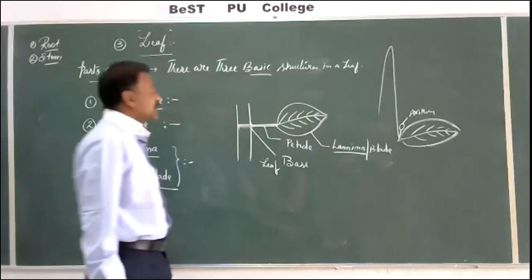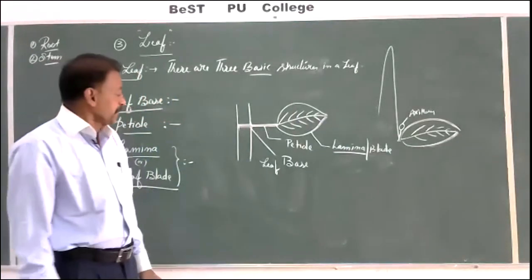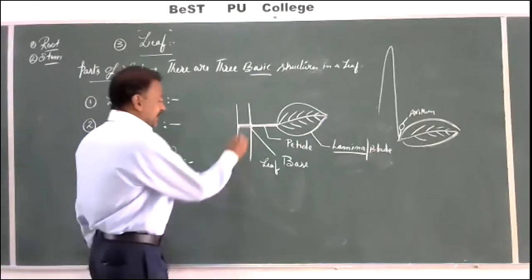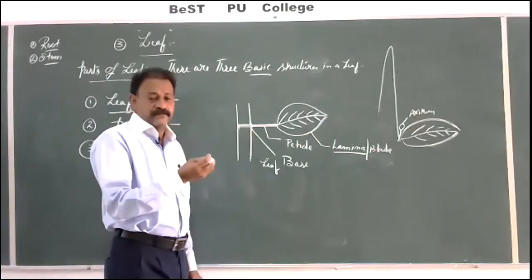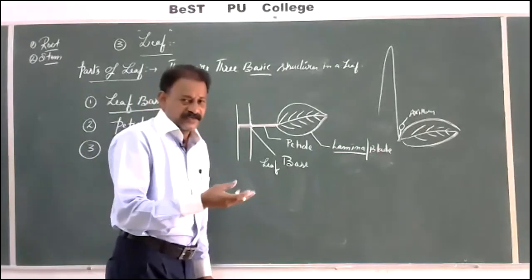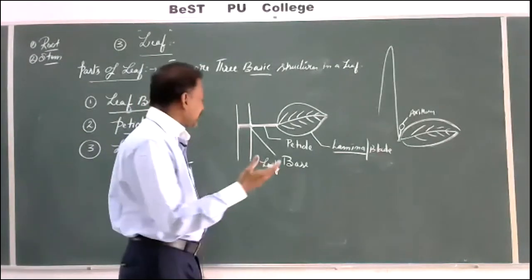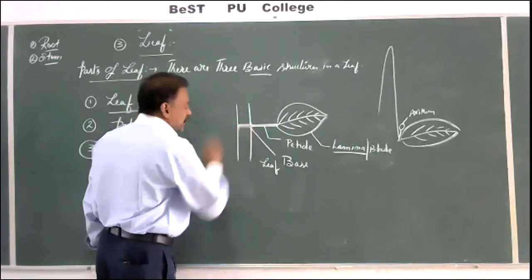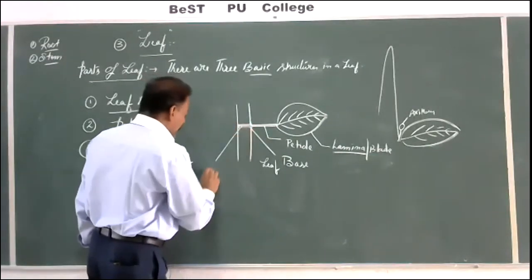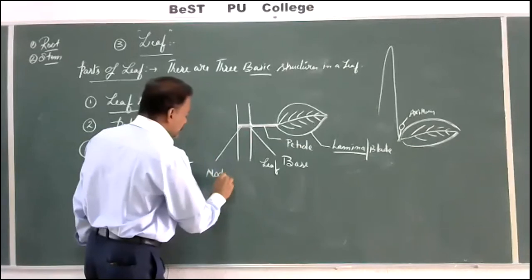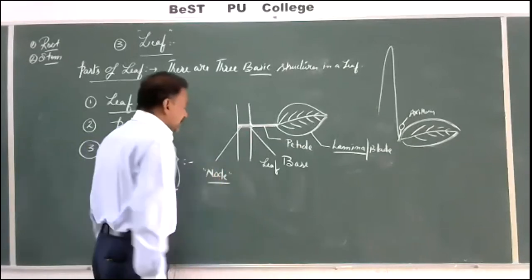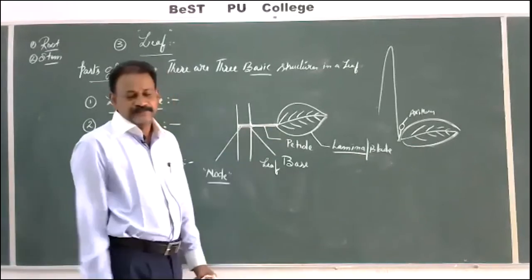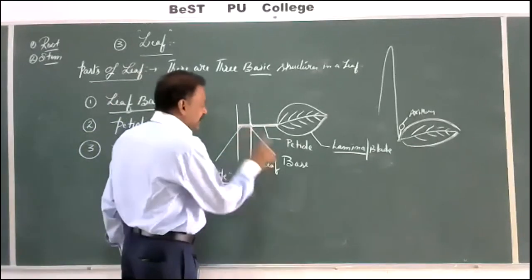Already you might have studied all these things from your childhood, from 6th standard to 10th standard. Leaf base, some more intrinsic factors, internal structures we are going to see. Internal means deep structures. What is this? This is a node, a region on the stem or branches where leaves arise.